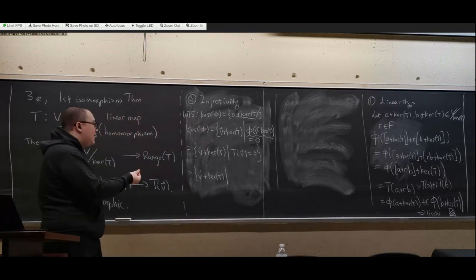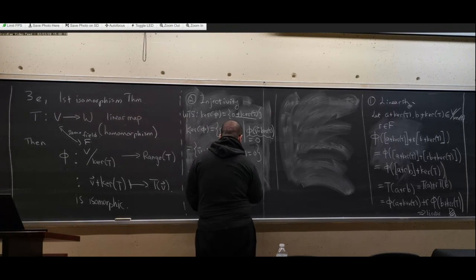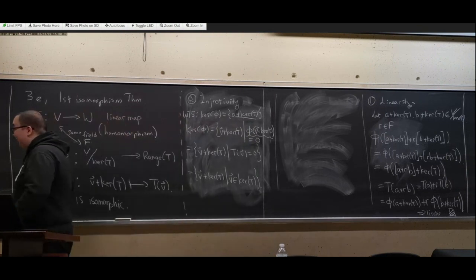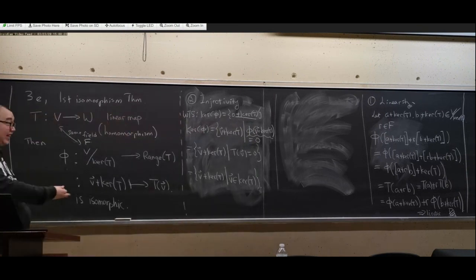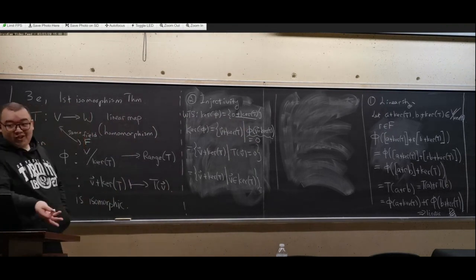What does that mean? That means V is in the kernel of T, because everything in the kernel gets mapped to 0. V gets mapped to 0, so V must be a member of kernel of T.